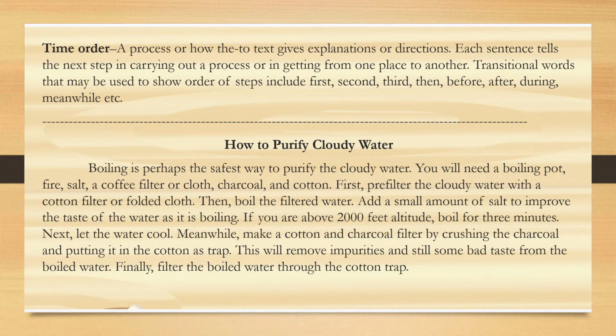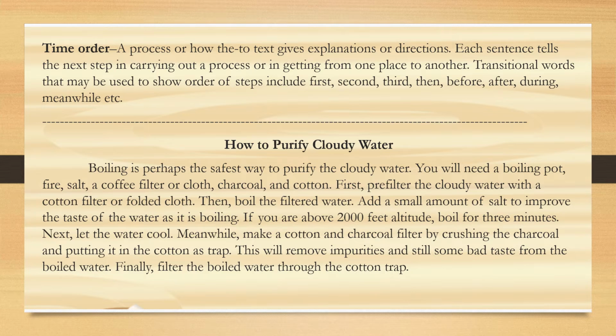Now, let's move on to time order. Time order is a process or how-to text that gives explanation or directions. Each sentence tells the next step in carrying out a process or in getting from one place to another.